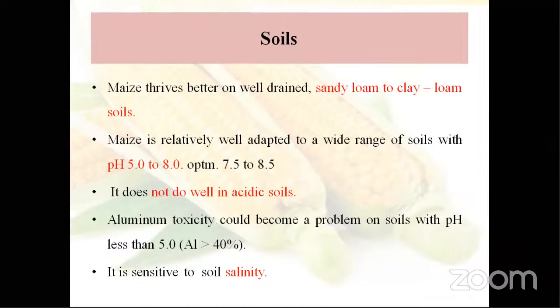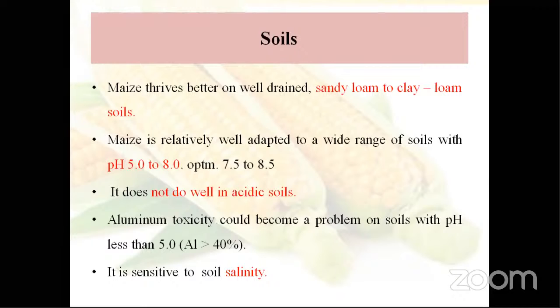Regarding soil reaction, pH, we can grow it from 5 to 8, but the optimum pH for better growth is 7.5 to 8.5, slightly alkaline. It does not do well in acidic soils.